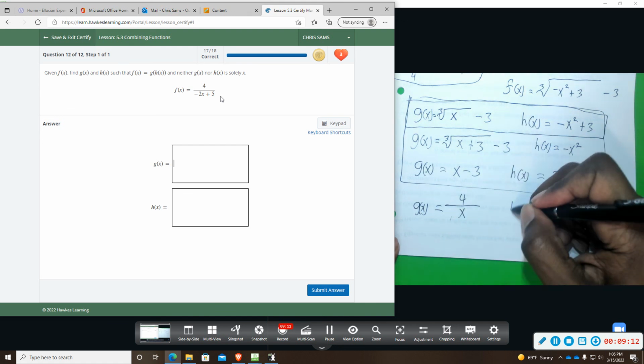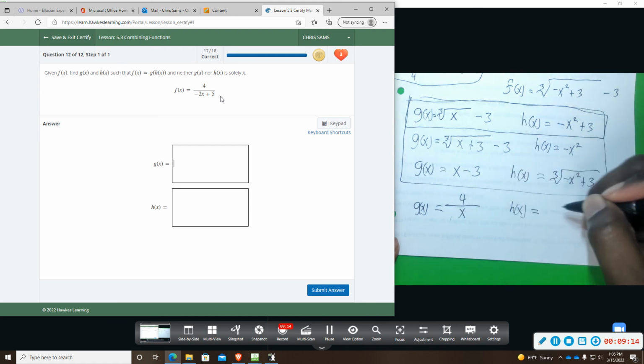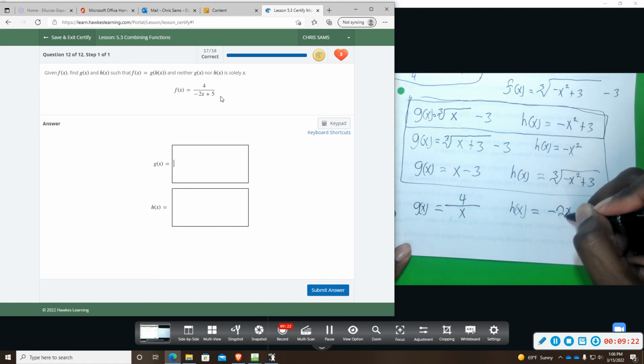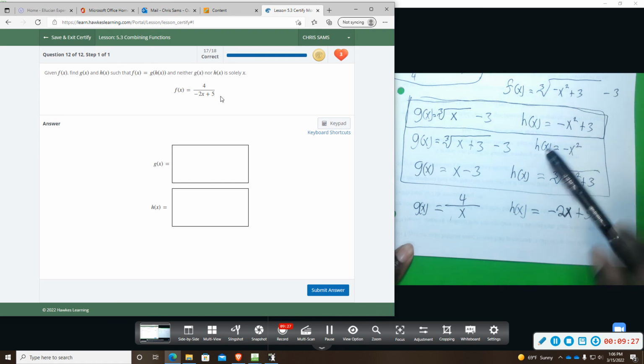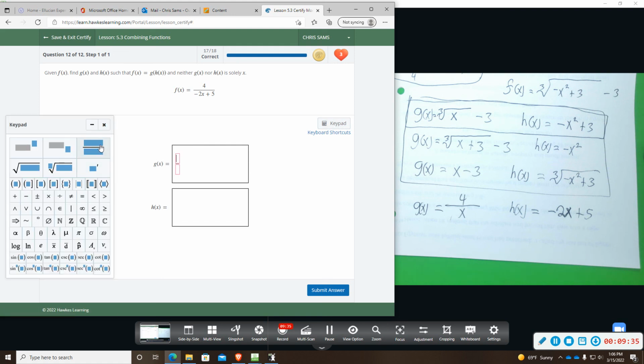And then that means h of x, my other function, is going to be everything else that I got rid of, which was the negative 2x plus 5. That's the most simple way of doing that. Okay? And that's the way I would recommend. And then as you spend more time, you can do more complicated things.